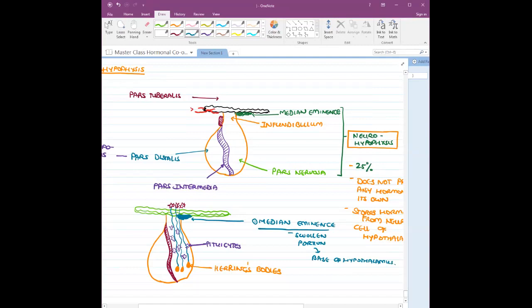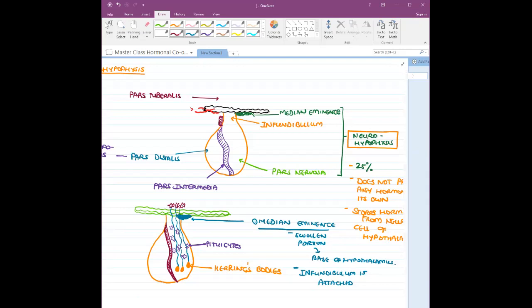The most important thing is that the infundibulum is attached over there. The infundibulum is attached to the median eminence. That is what we need to know, guys.